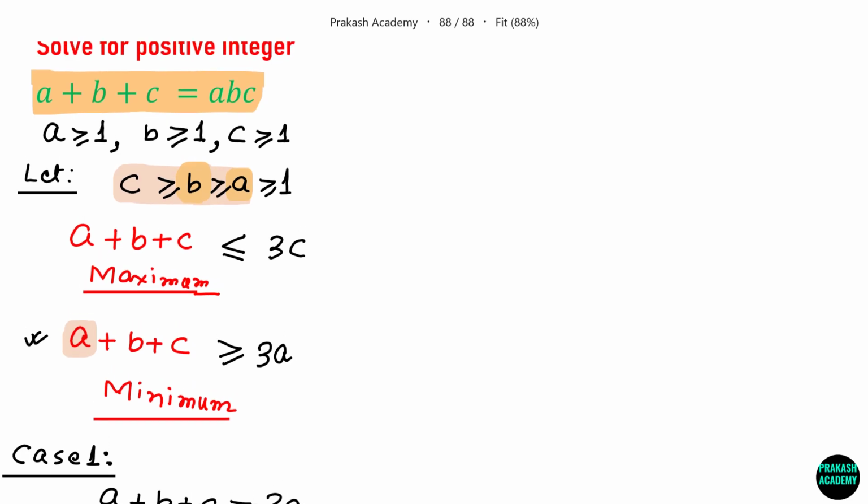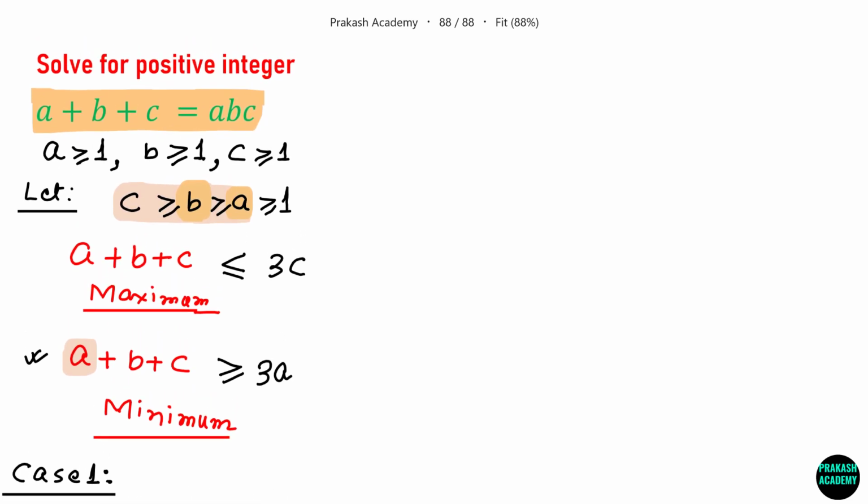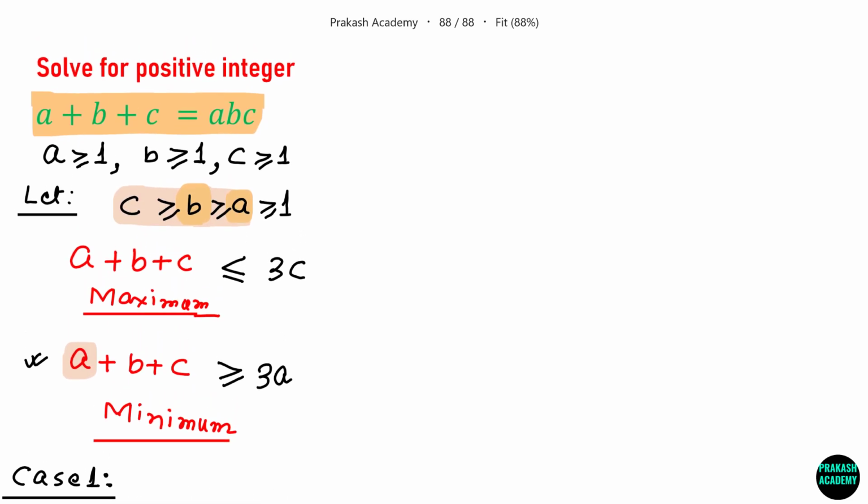Now let us discuss the other case, the maximum case, that is case 2. In this case, the condition is a plus b plus c is less than or equal to 3c.